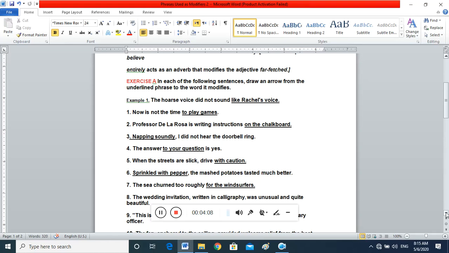Number 2. Professor De La Rosa is writing instructions on the chalkboard. On the chalkboard is a prepositional phrase. It describes the verb is writing. So it's an adverb. Now you can draw the arrow from the underlined phrase to the verb is writing.